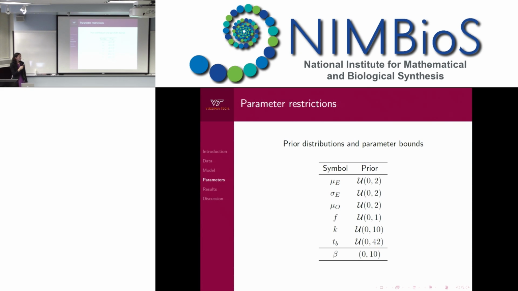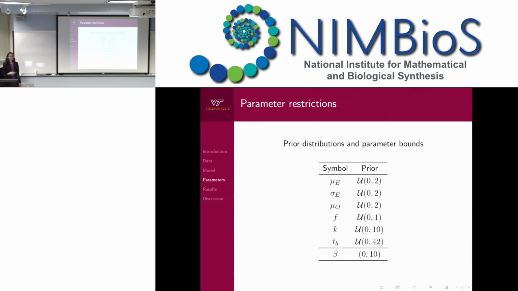For mu and sigma, we kept a bound of 2 days because there is some experimental evidence to say that the loss of ookinetes is happening at a combined rate of 1 over mu_e plus sigma_e at about 2, but that's for a different species. And so we bound both of these by 2 here. And for consistency, because we didn't have any idea about this oocyst loss rate, in fact many studies set that equal to 0, we bound that also between 0 and 2.